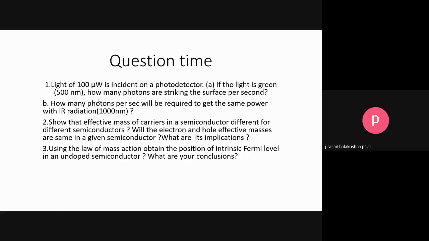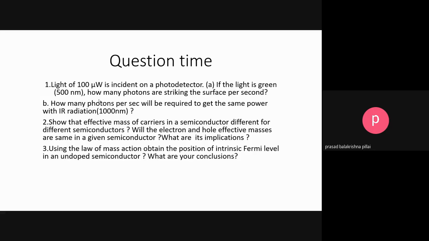How will you find out the velocity when the wavelength is given? Come on. What is the velocity?